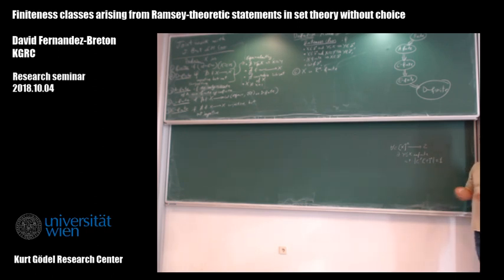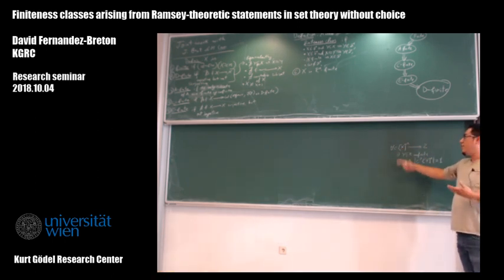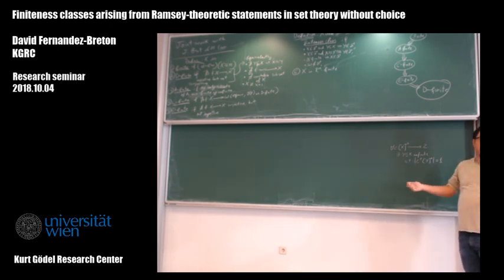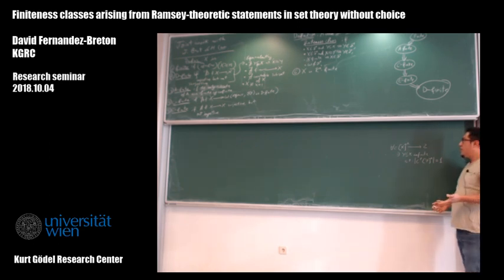Any of the usual proofs just goes through without choice, because you're just picking inductively your infinite sequence of things, and every time you need to pick the next one, pick the least such, and that's it. Now, if instead of omega I write here an arbitrary infinite set, then in ZFC that's true for the very simple reason that if X is infinite, it has a copy of omega inside essentially, and then you just pull out the theorem there. But if you don't assume choice, that's no longer the case.